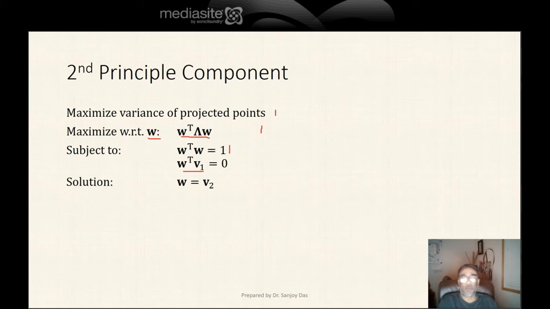The solution, again from the spectral decomposition theorem, is W equals V2, the second eigenvector of the lambda matrix, the covariance matrix. And what's the variance along this projection? That's V2 transpose lambda V2, which is the corresponding eigenvalue mu2.